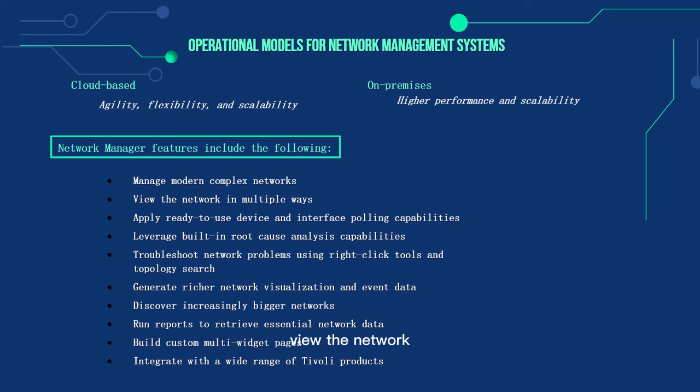View the network in multiple ways. Include standard and customized device groupings such as subnets, VLANs, and VPNs. You can also navigate the interfaces and other components of a device using structured browsers. Multi-widget views enable you to show topology, maps, and event lists simultaneously.